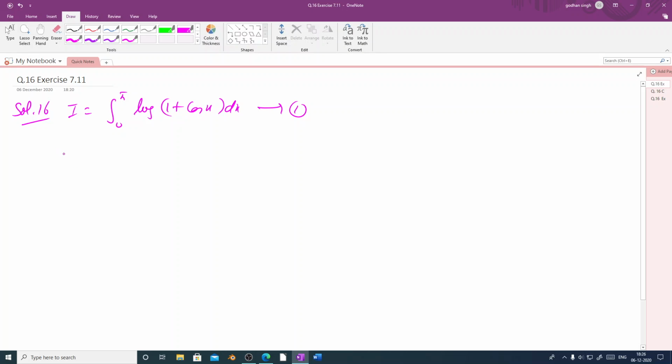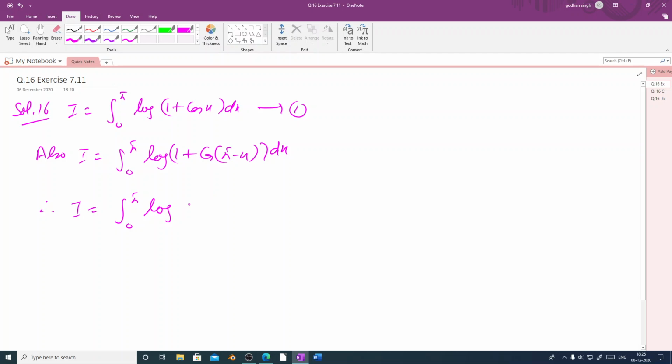Now we'll apply property P4, so we also get I equals the integral from 0 to pi of log, and we can rewrite it as 1 plus cos(pi minus x), dx.